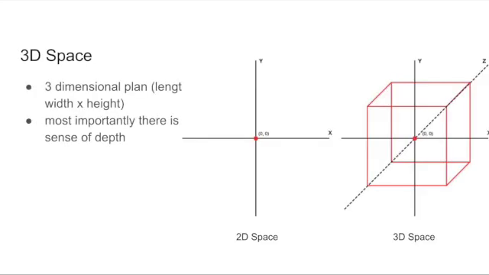And we also have three-dimensional space, and this one's a little bit more complicated. Here we have the two-dimensional plane that we were talking about earlier, but we also have the three-dimensional plane, where we now introduce what's called the Z-axis. This gives us that sense of depth.